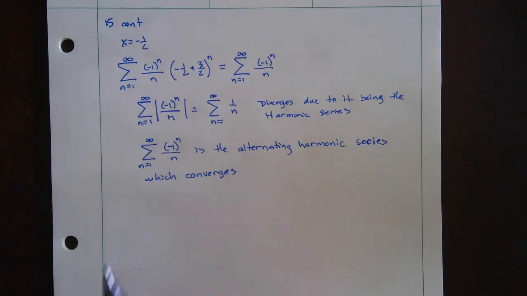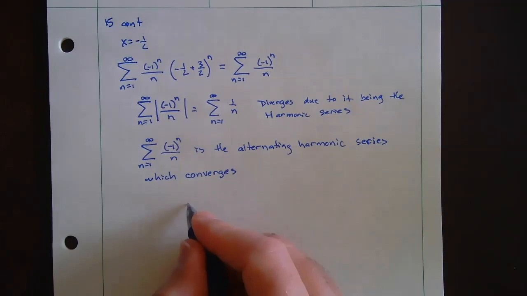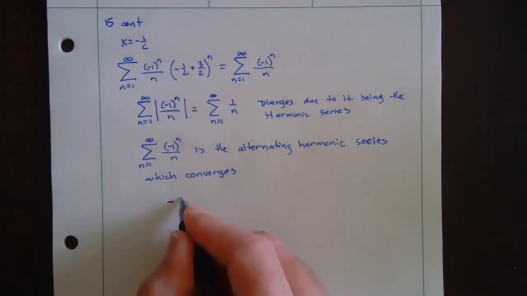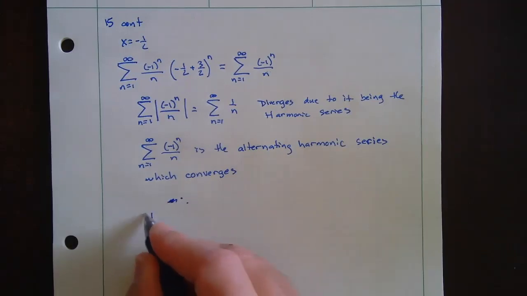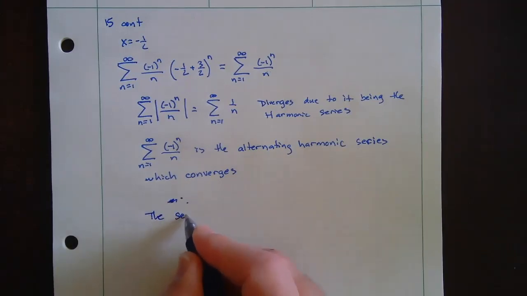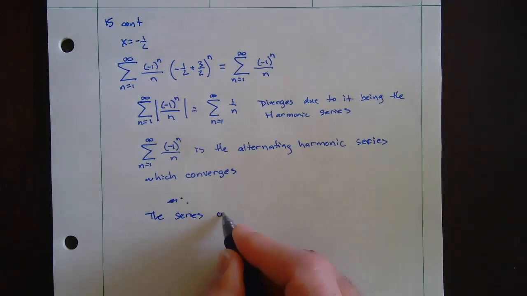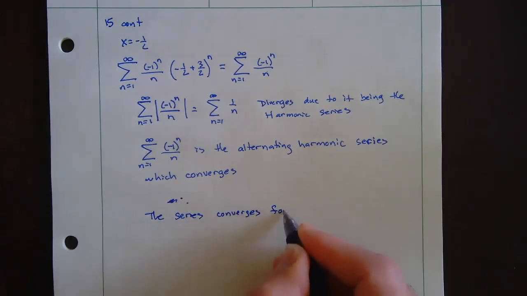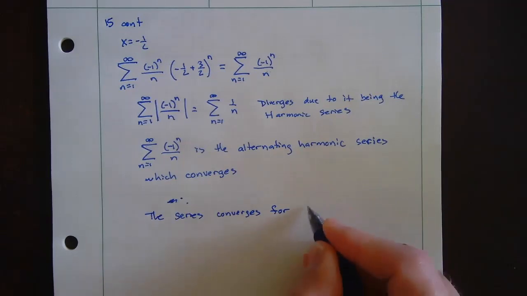So for what values of x does the series converge? Let's just say the series converges for, it doesn't converge at -5/2.